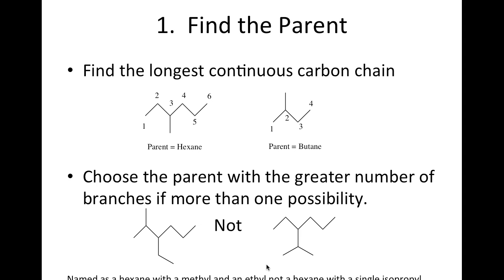But if you imagine that this all has free rotation, you could flip these two, and you could also draw it as a hexane with an isopropyl group coming off. 1, 2, 3, 4, 5, 6. So what this rule is saying is that you would name it as a hexane with a methyl and an ethyl, not as a hexane with a single isopropyl group.